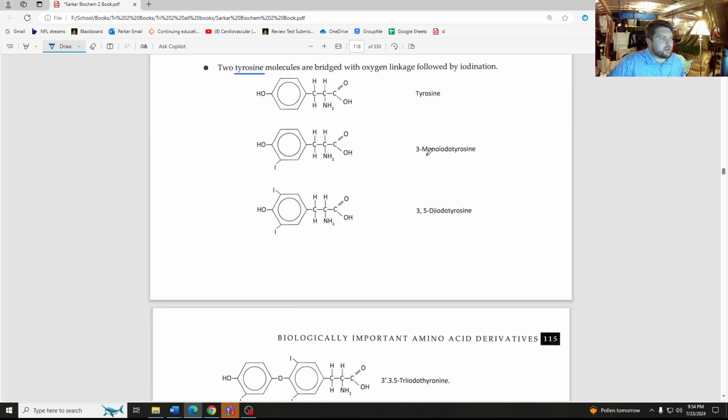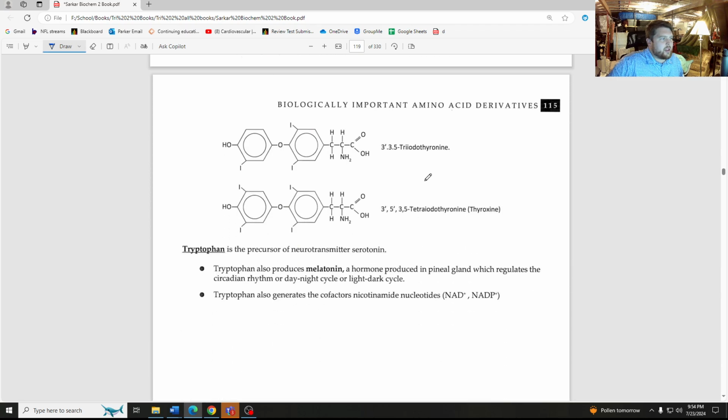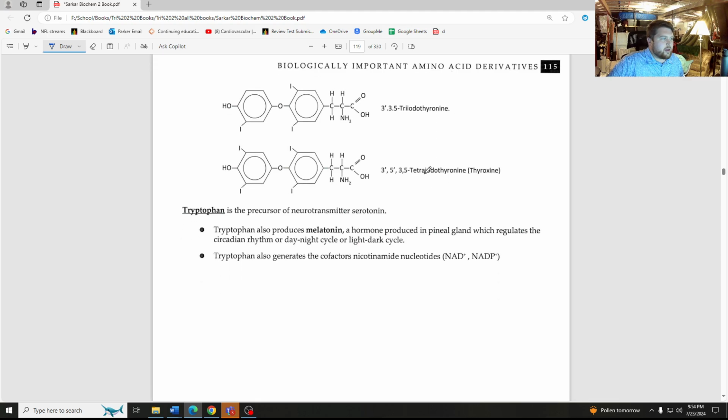You may want to remember the mono and di, but really just remember mono means 1 iodine tyrosine, di being 2 iodine tyrosine, so tyrosine with 2 iodine. This is thyronine, but tyrosine with 3 iodine, and then tyrosine with 4 iodine.